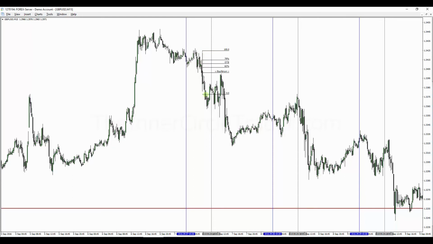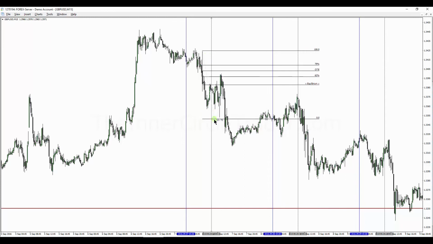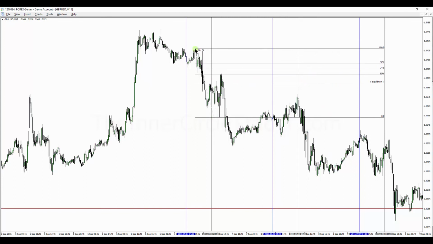So we can measure that swing down. From the high, we can use this one. This high down to this low, and it retraces back up above equilibrium, so we go into a premium market at the 62% retracement level.